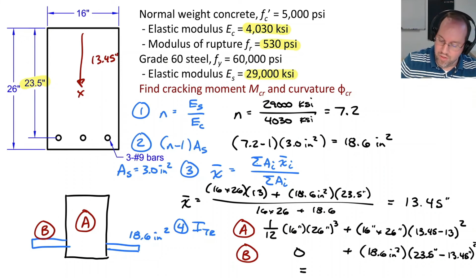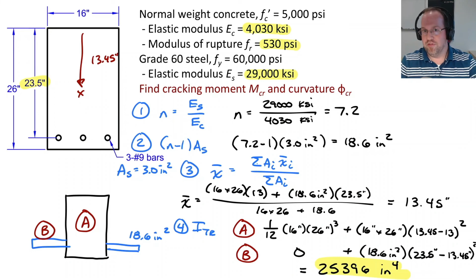Adding all that together, I have 25,396 inches to the 4th. As we see, that is a little bit bigger than my gross moment of inertia, which we expected because I've now added steel to my section.